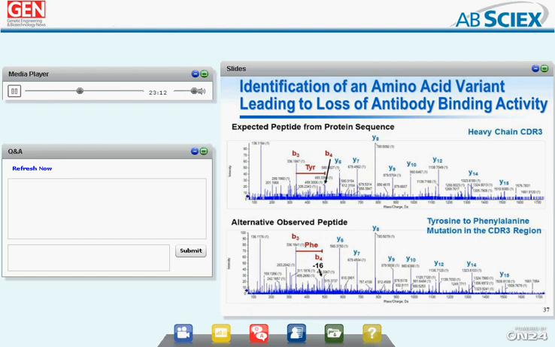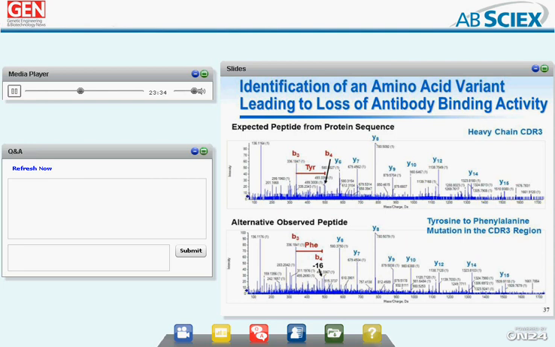So when we look back to our original example with our IgG MAB that showed functional activity of only 50%, we did our antibody sequence analysis, straight trypsin digestion, ran it through ProteinPilot, and were first able to identify the incorrect peptide, shown as the MS-MS spectrum in the bottom panel.